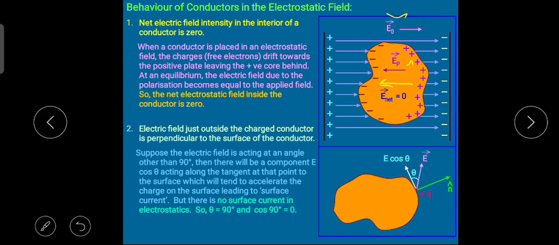Then there will be a component E cos theta acting along the tangent at that point to the surface, which tends to accelerate the charge.